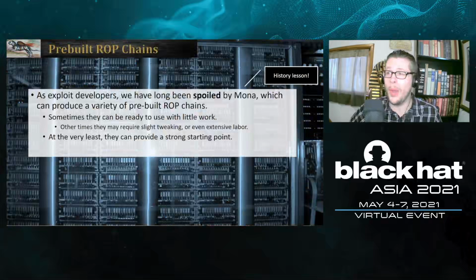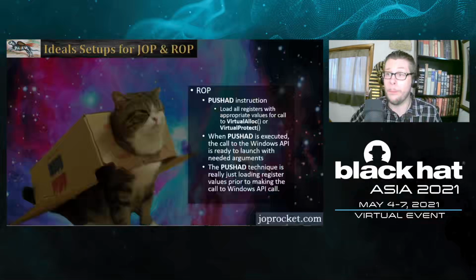We take inspiration from a tool like Mona that can enable us to bypass DEP with return-oriented programming using APIs like VirtualProtect and VirtualAlloc. So the ideal way to set up ROP is we will take all of our parameter values for the Win API, plug them into registers, and then pushad.